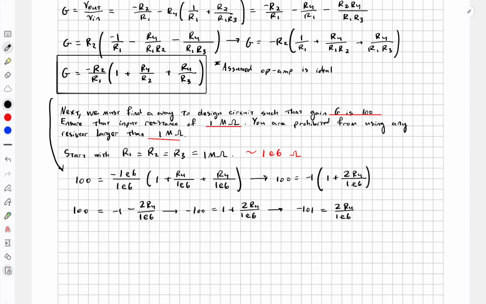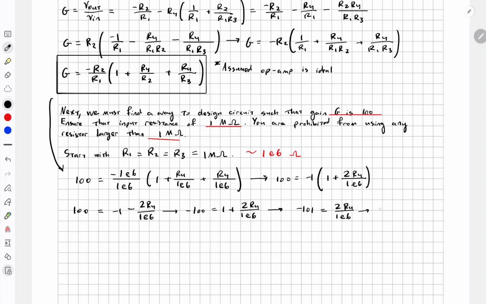Yeah, so if we use a calculator, okay, actually let's do it this way. So then it becomes -101 times 1e6 is equal to R4. Yeah, let's try to solve this without a calculator if possible.